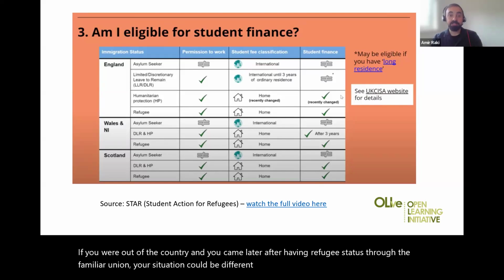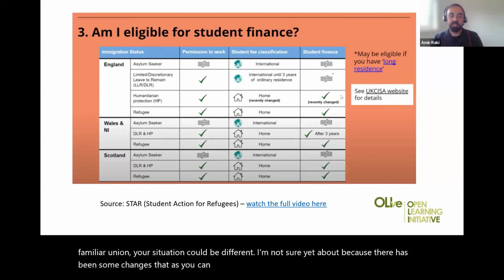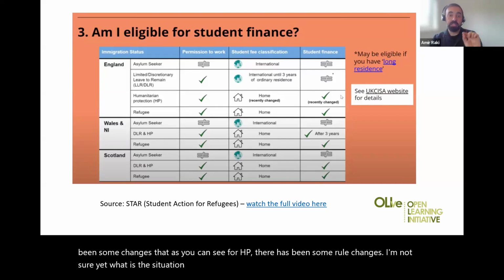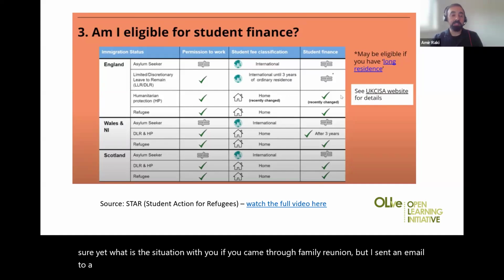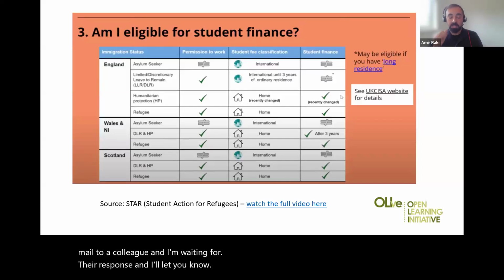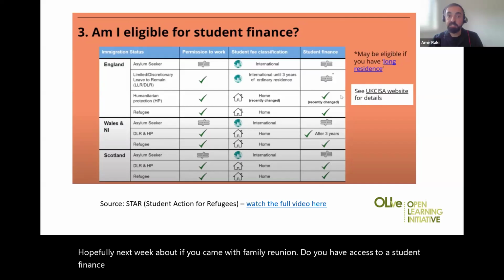I'm not sure yet, because there have been some rule changes. But I sent an email to a colleague and I'm waiting for their response, and I'll let you know, hopefully next week, if you came with family reunion, do you have access to student finance from the beginning, or do you need to stay for 3 years and then apply or not?